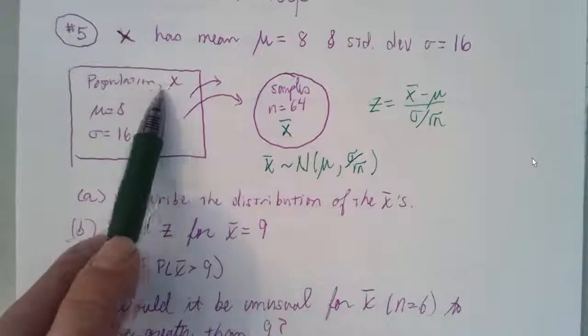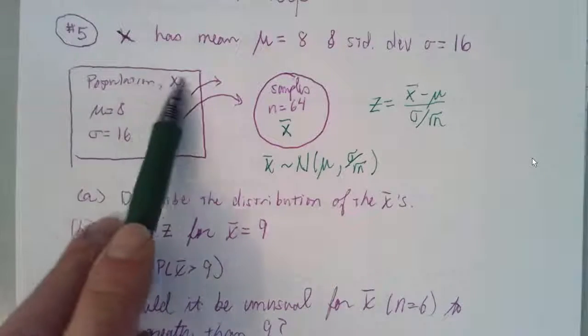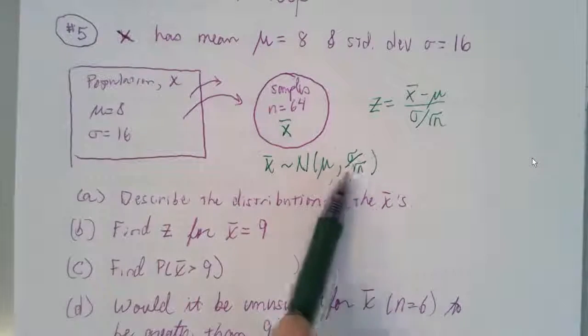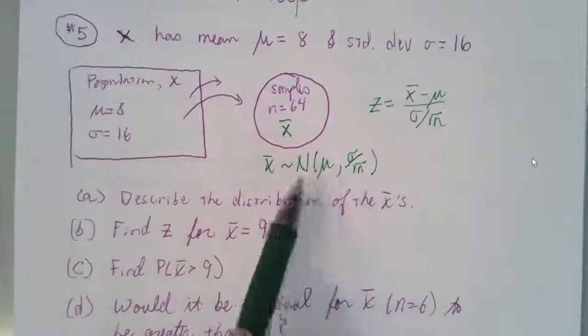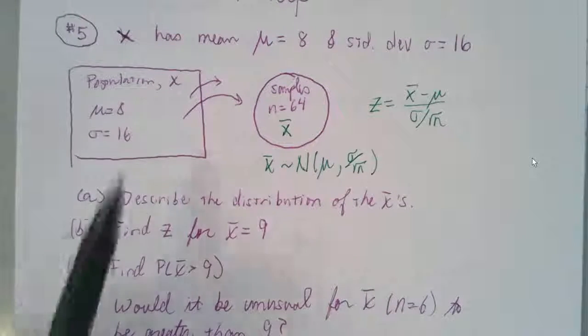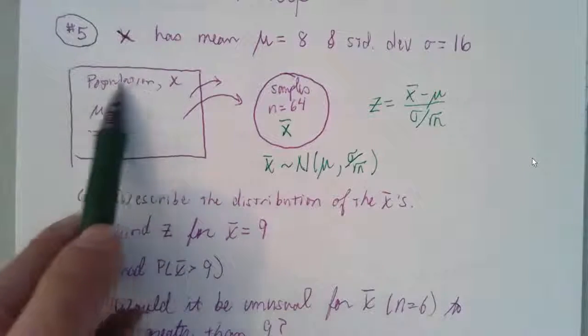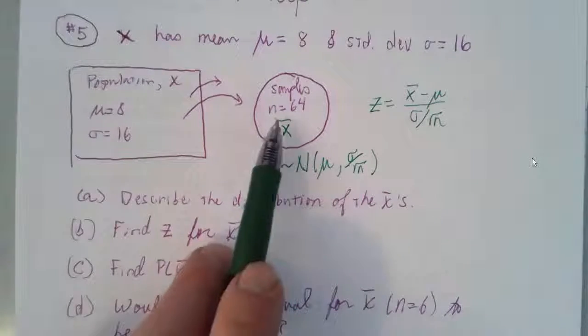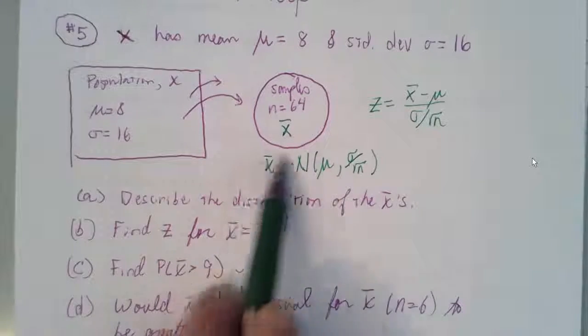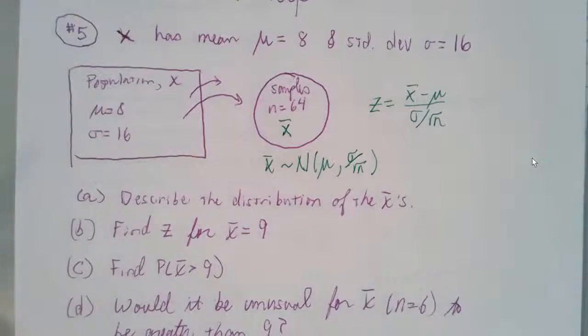But if this starts as something that's far from normal, but is not skewed and doesn't have outliers, then you can expect this to kick in by the time n is up around size 30. On the other hand, if this original population is strongly skewed, then the sample size may need to be quite a bit larger than 30 before this gives reliable predictions.